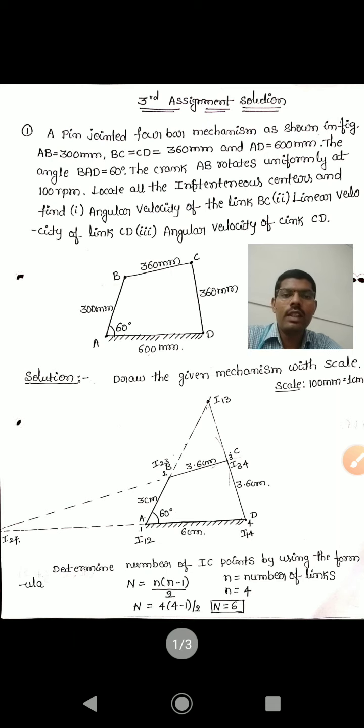Substituting the values, the number of links in a 4-bar mechanism is 4. So if you substitute small n as 4, you will get capital N as 6. So the total number of IC points is 6.